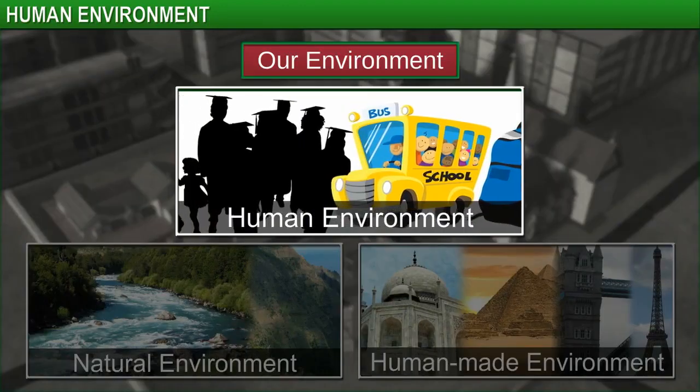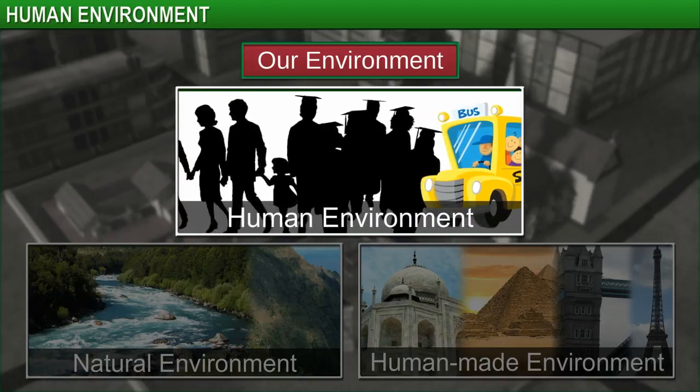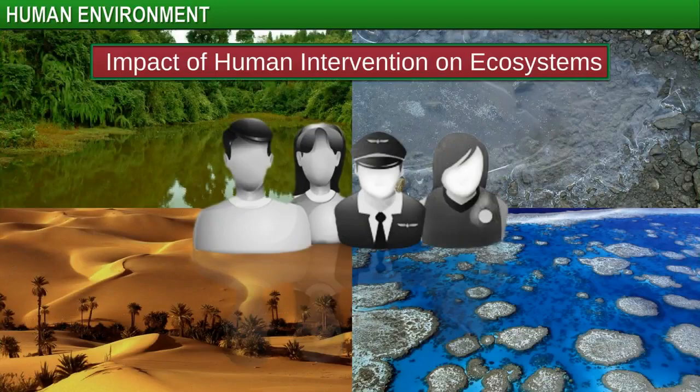Human environment can be described as the interaction between human beings and the environment. Human interaction with the environment can impact ecosystems in a variety of ways.